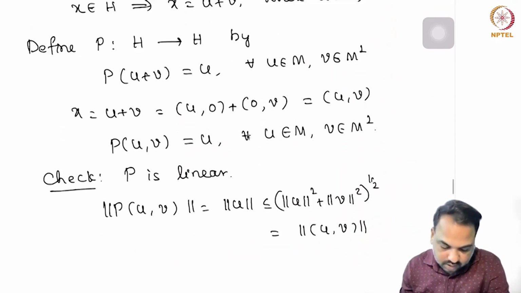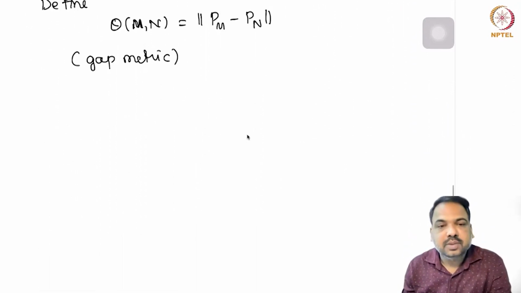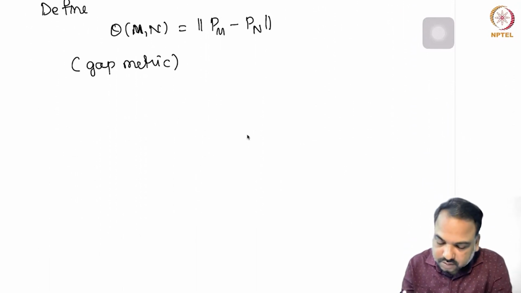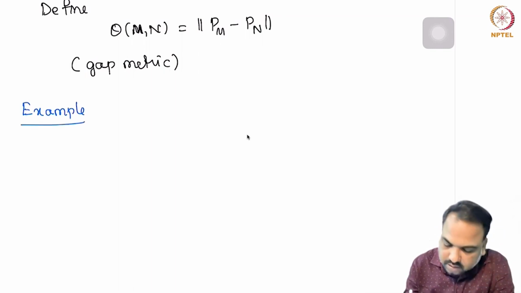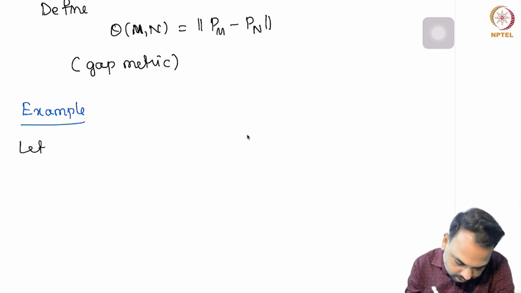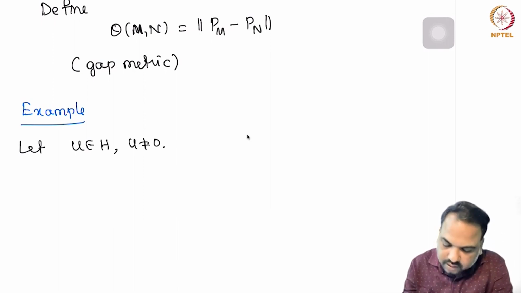Okay, so this is about the existence of a non-trivial projection when we have a Hilbert space. One simple example let us look at. Let us take u in H, u non-zero. In fact, we can take norm u equal to 1.